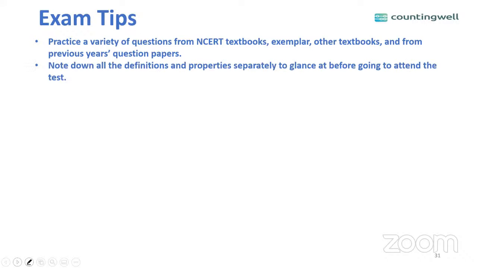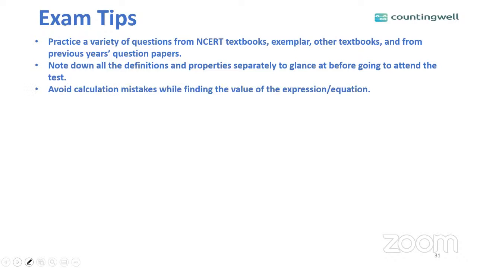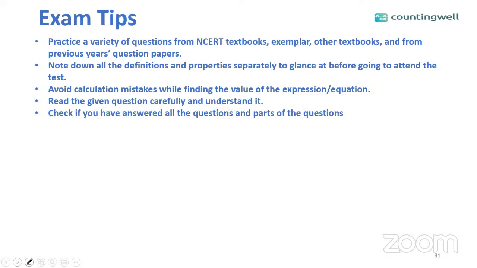You have to note down all the definitions and properties separately and avoid calculation mistakes while finding the value of the expression or solving any equation, particularly when you are using transpose method or balancing method to find the solution of any equation. Next is you have to read the question carefully and understand it properly. And at the last, you have to check whether you have answered all the questions and parts of the questions.